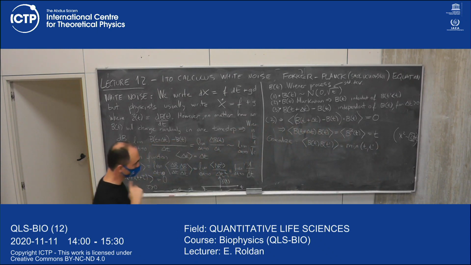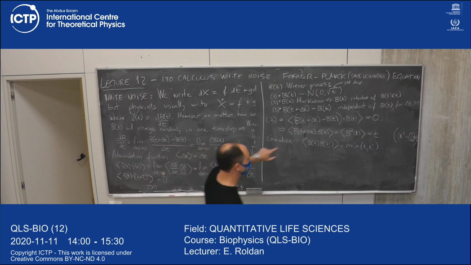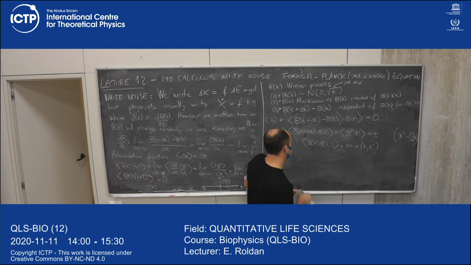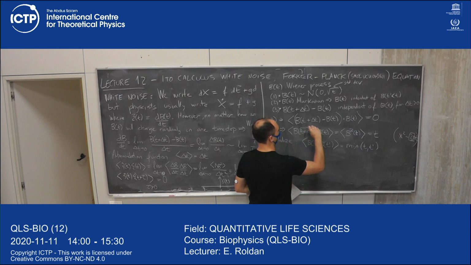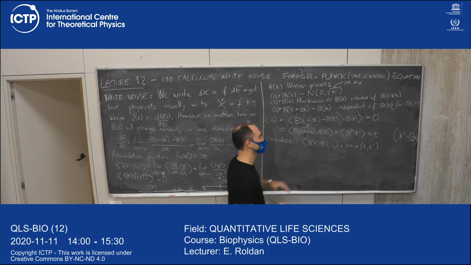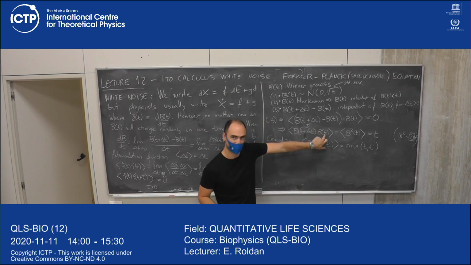You see this point? You see here you have B(t) and B, let me call this t prime. This t prime is greater than t. So what you get is the minimum between t prime and t here.